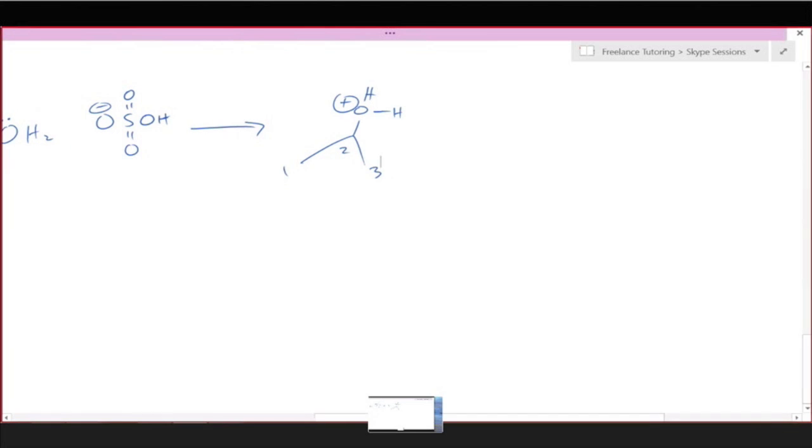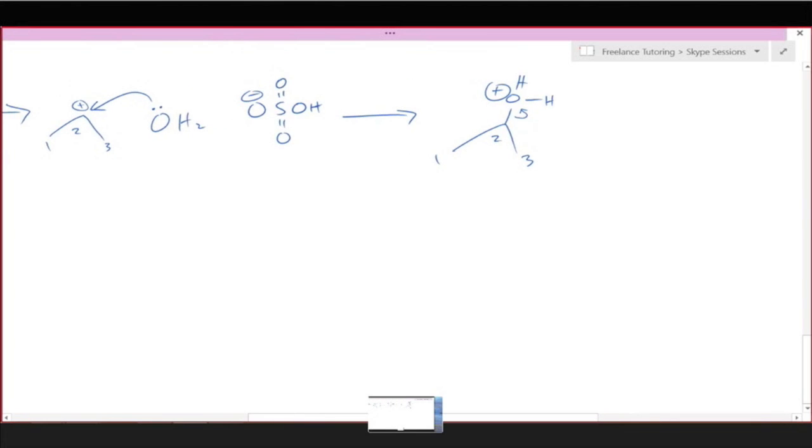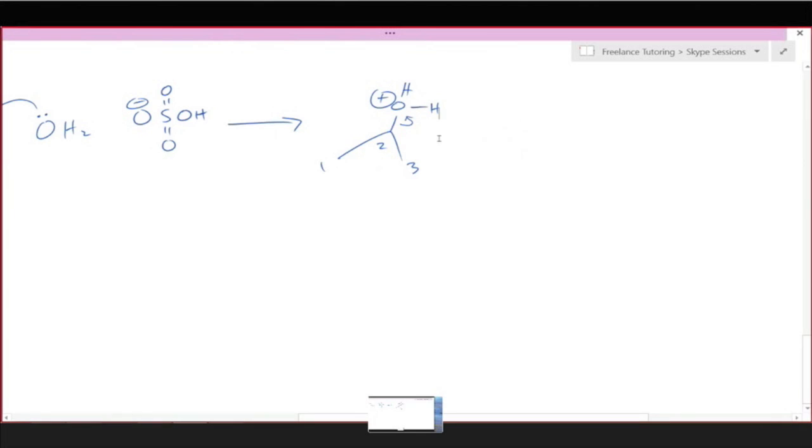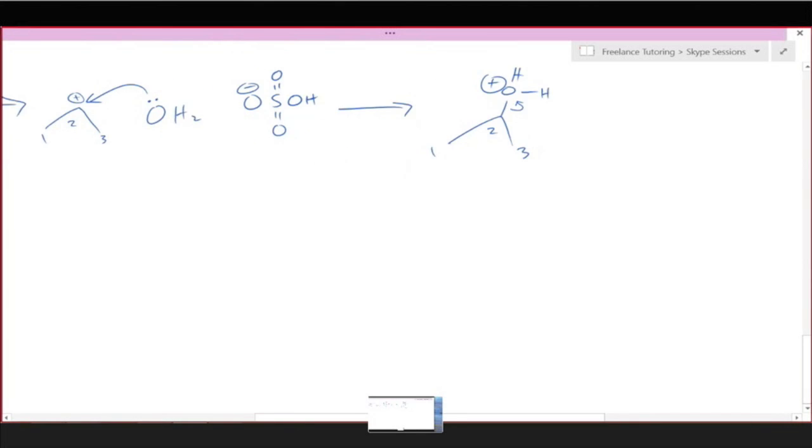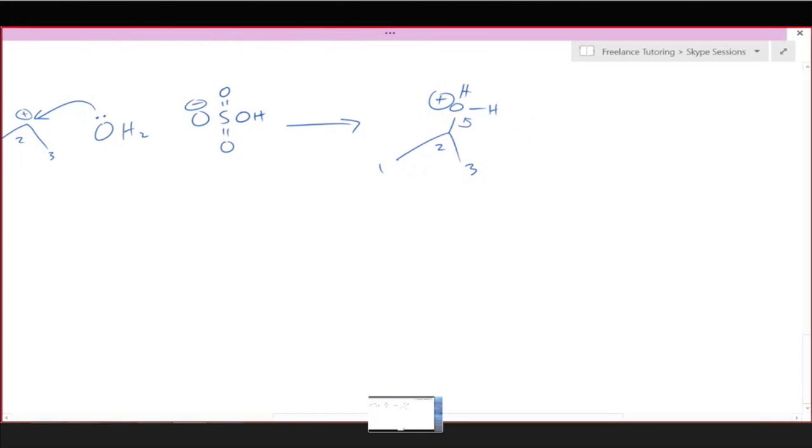Okay, are we done? I don't think so. Looks like if this pattern holds true like we did before, that could fall off, although we did just do an electrophile nucleophile reaction.